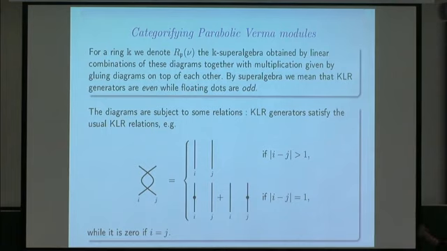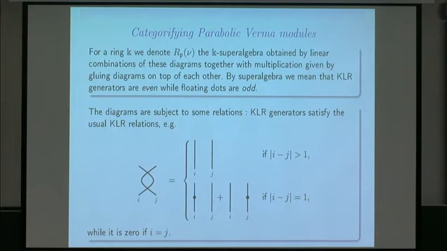Let's see why. I mentioned we needed a superalgebra. So let's say that KLR generators are even and floating dots are odd. Simplest thing to do.